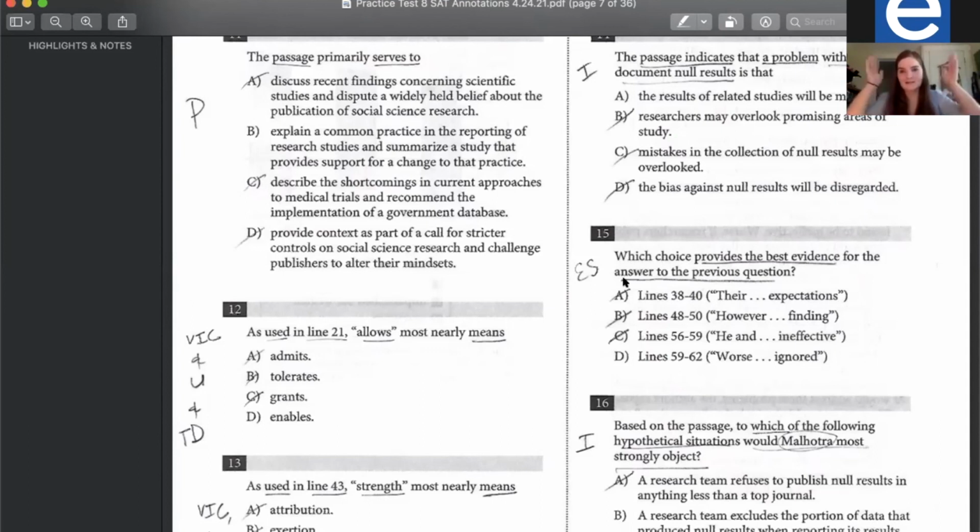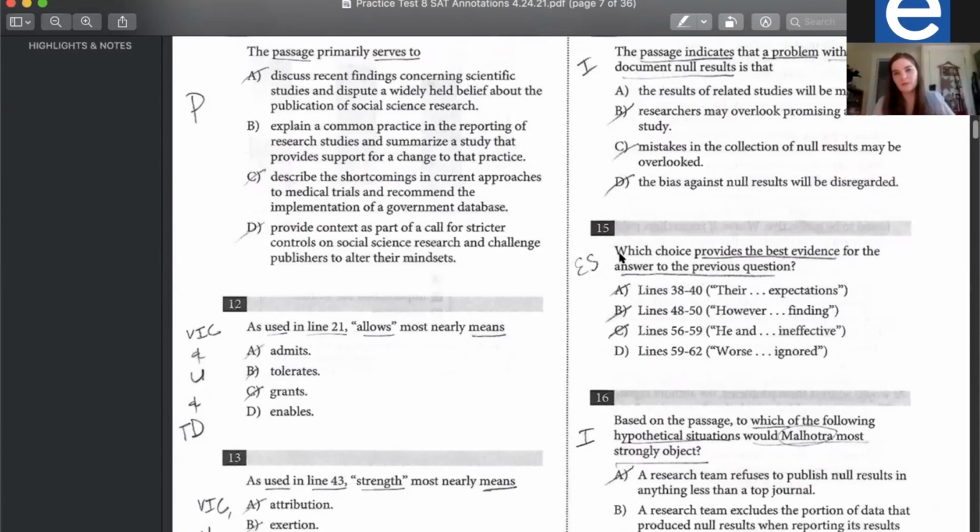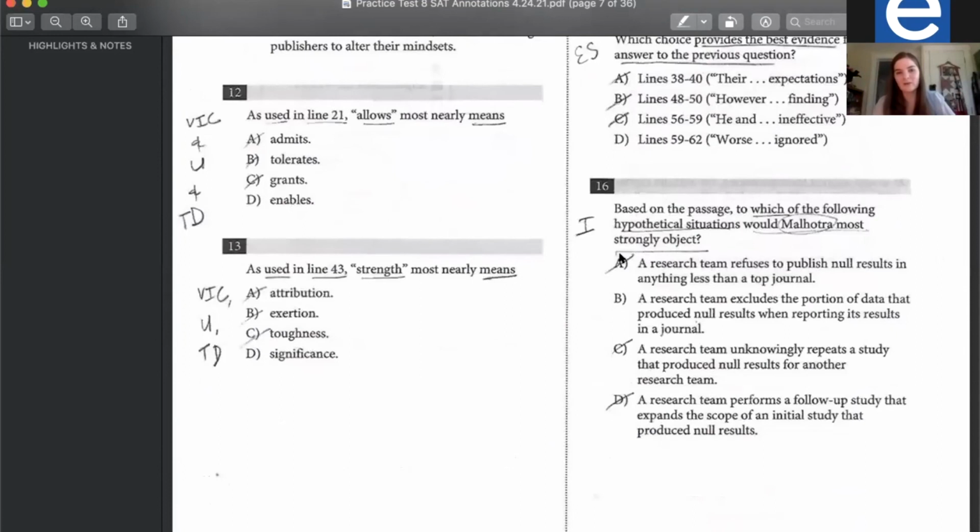So that's your clue. Lights and alarms should be going off in your mind when you see that. That's the evidence support. It's requiring you to understand what the previous question or questions were talking about, and then apply the logic you used to answer this question. Okay, they're pretty easy to identify.